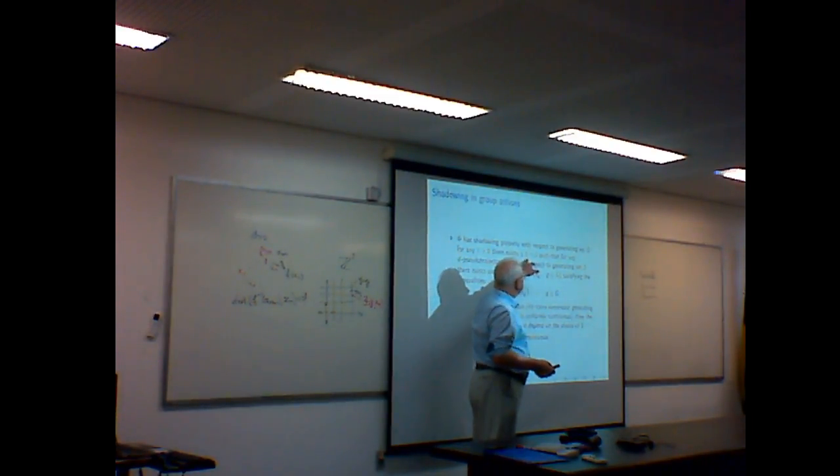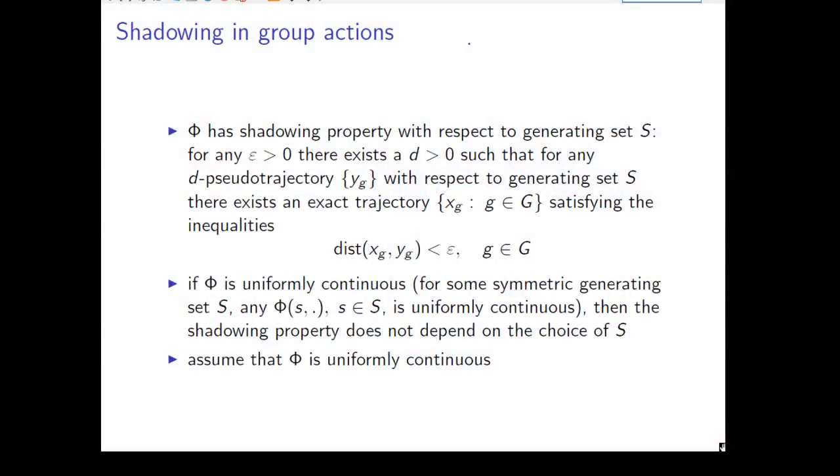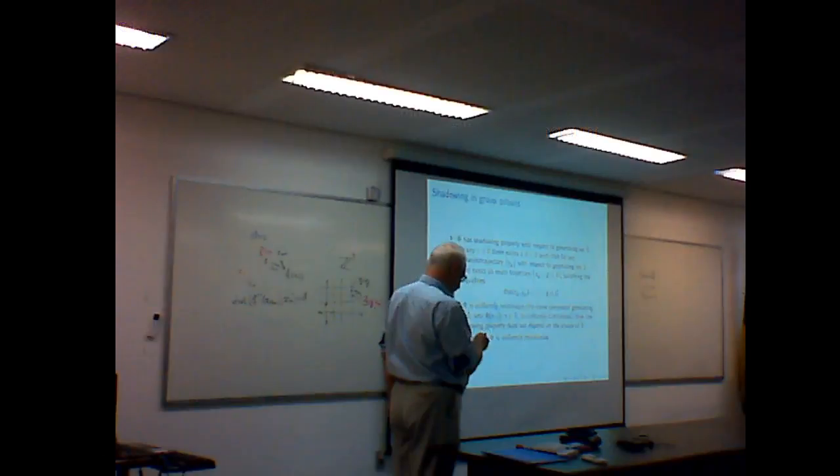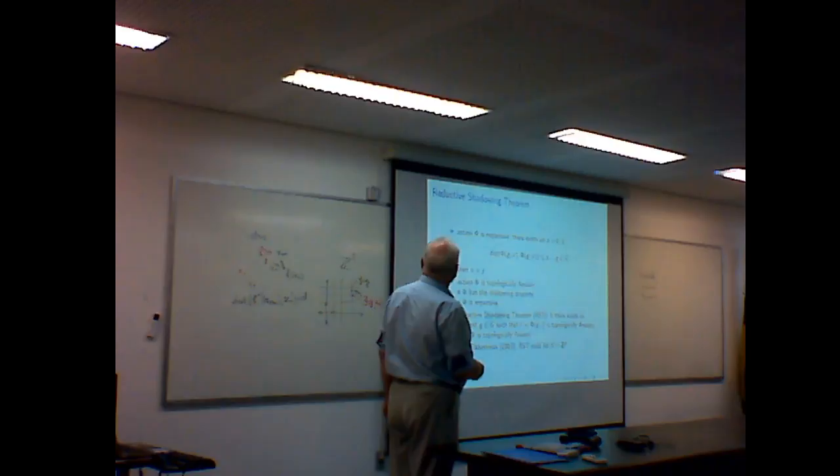You will just have to take a different d for a given epsilon. So below, mostly I will not mention the generating set, just assuming that the action is uniformly continuous.